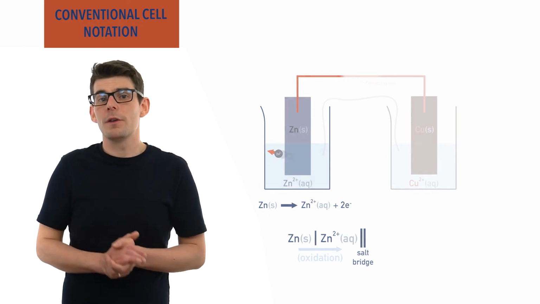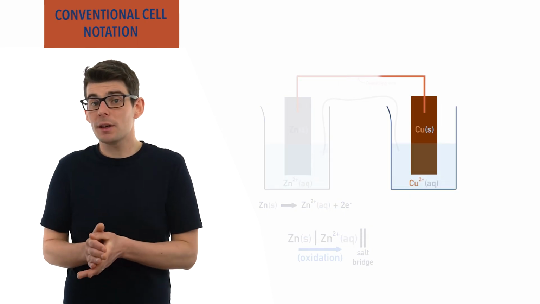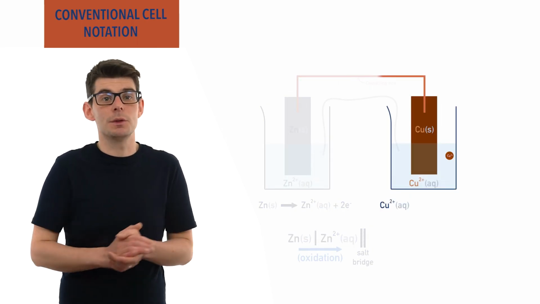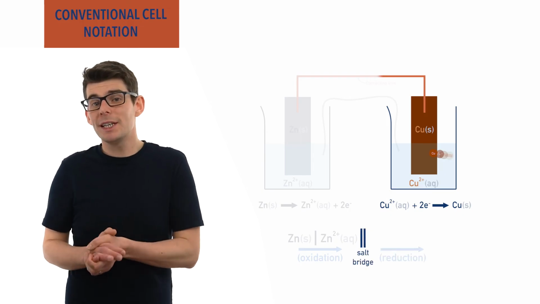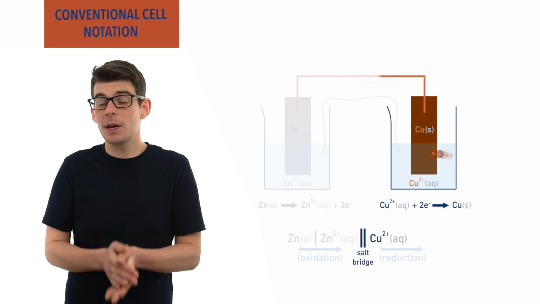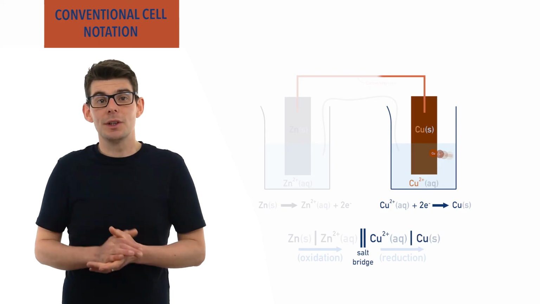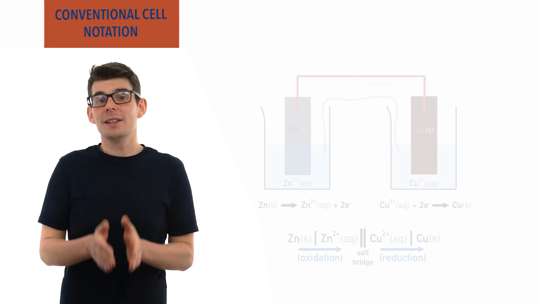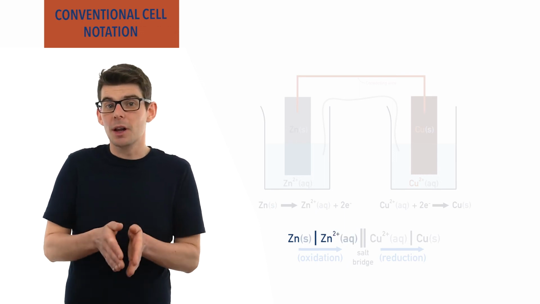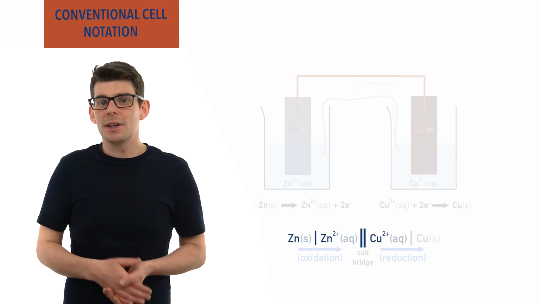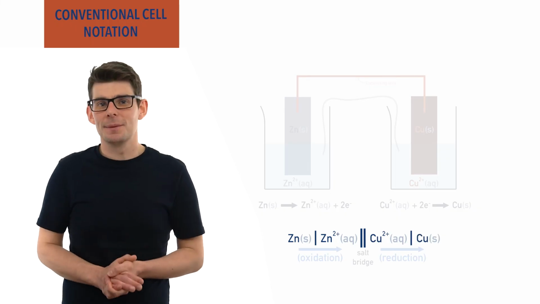For the copper half cell, however, Cu2+ ions will be reduced to Cu solid, meaning on the right side of the salt bridge we would write it as Cu2+(aq) | Cu(s). Overall then, Zn(s) | Zn2+(aq) || Cu2+(aq) | Cu(s).